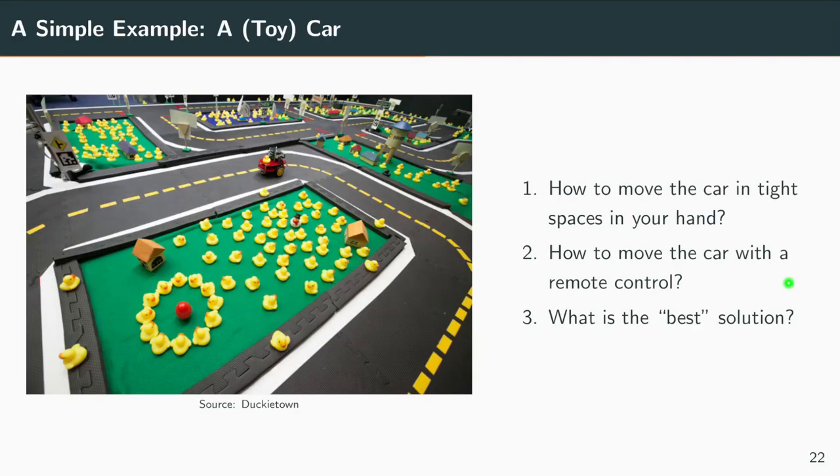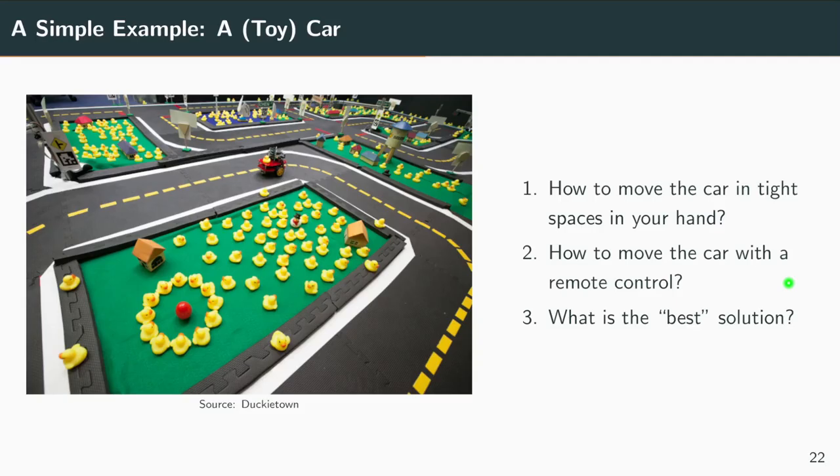Okay, so let's now look at it a little bit more formally after we have maybe informally defined what motion planning looks like. So let's take, for example, this Ducky Town example, where you have all of these cluttered obstacles and you have a robot that should move around.